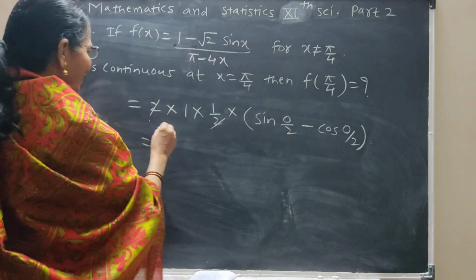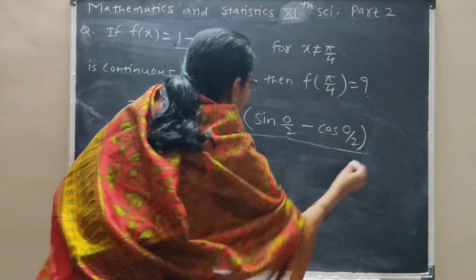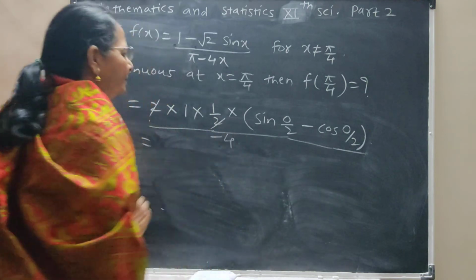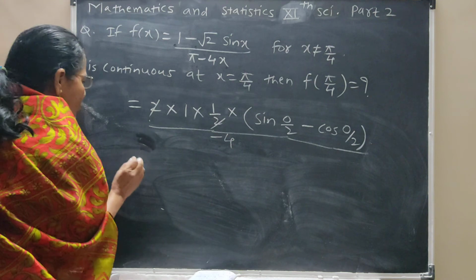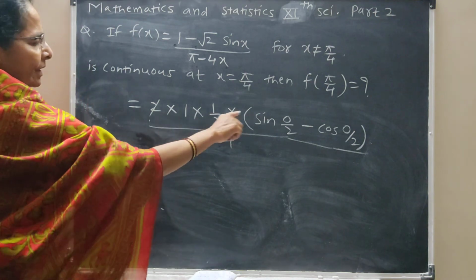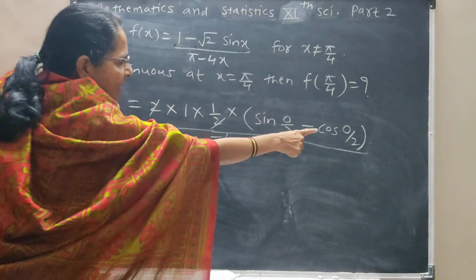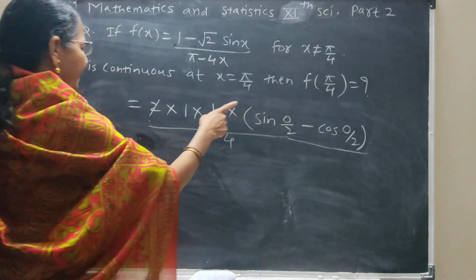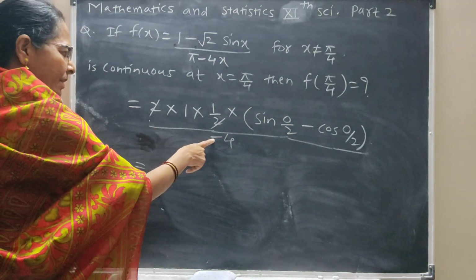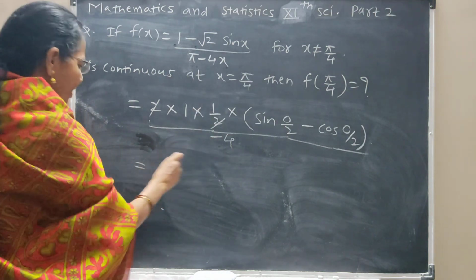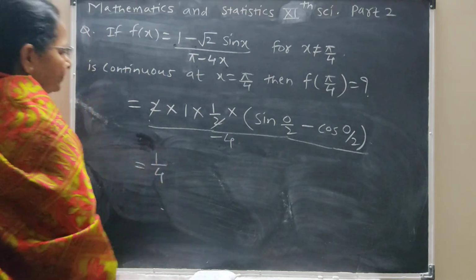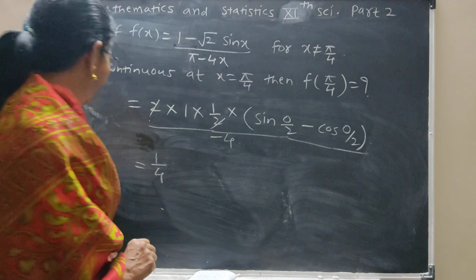At the denominator the remaining term is minus 4. So at the numerator sin 0 is 0, cos 0 is 1, giving minus 1, and with the minus 4 the sign becomes plus. The answer is 1 by 4. 1 by 4 is the answer.